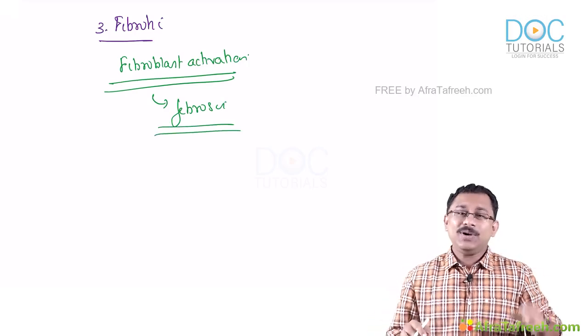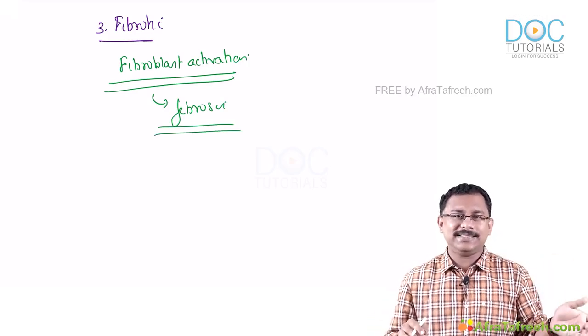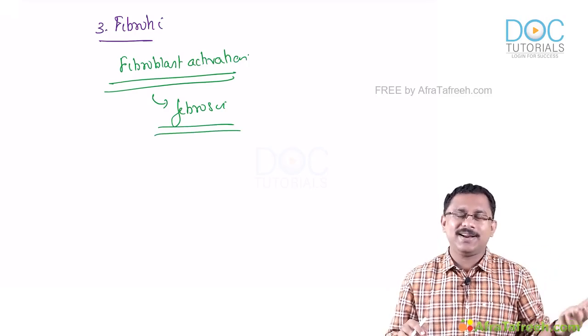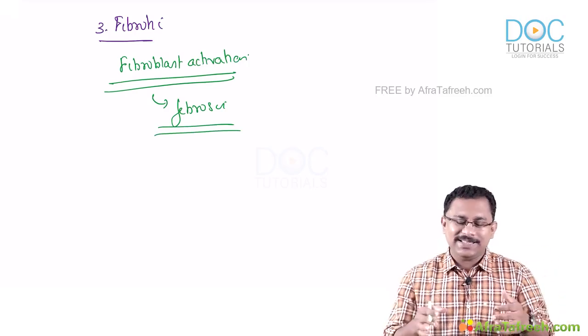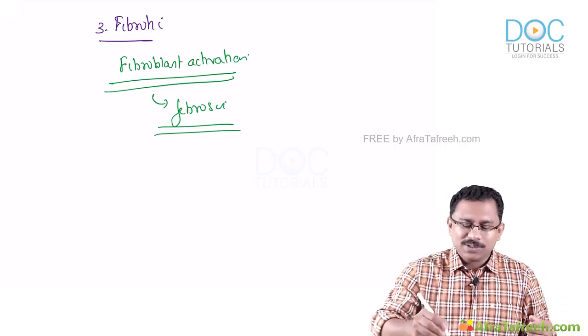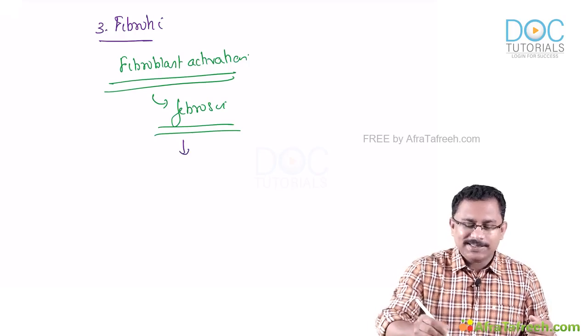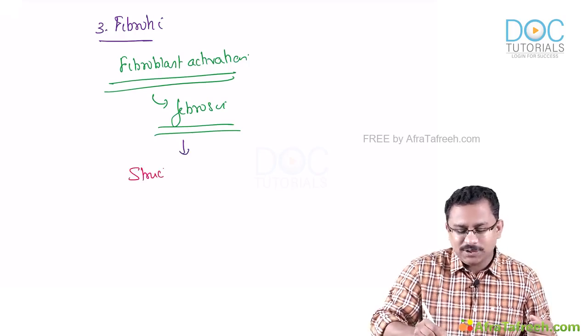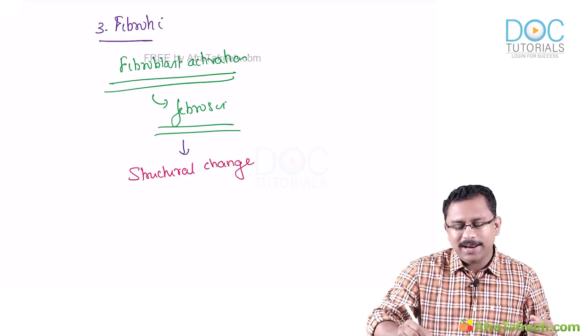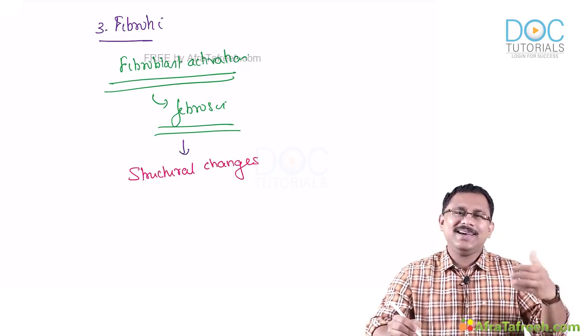Okay. Now it is again not necessary that this sets in, because if you treat aggressively early, you will not have this change. But once this fibrosis sets in, what happens is that there occur structural changes in the alveoli, as well as to some extent in the larger airways.